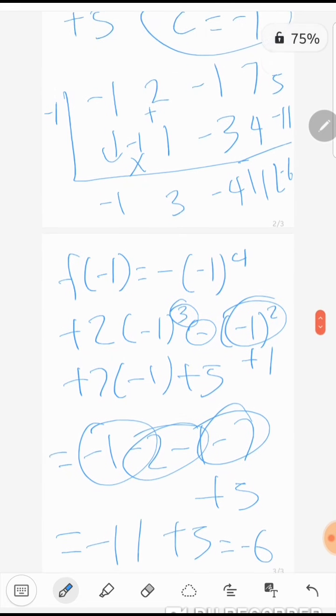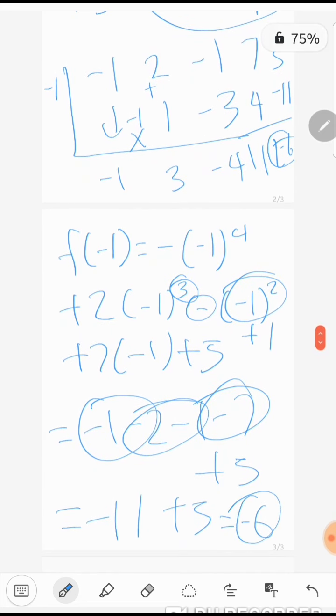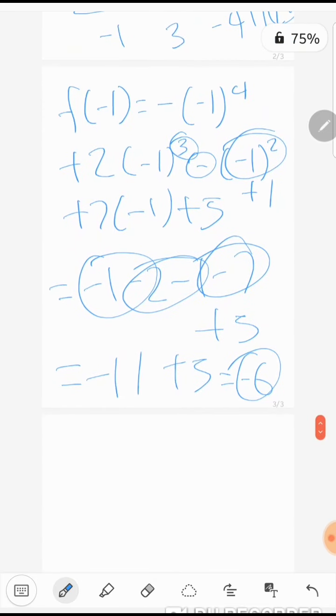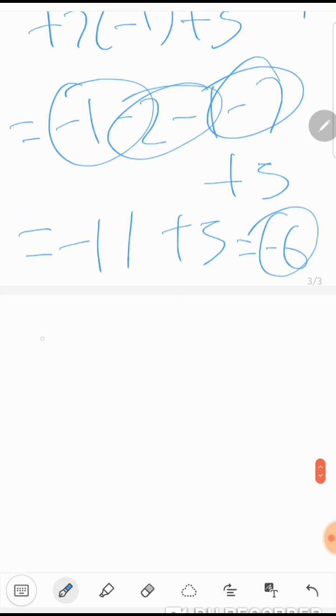So this minus 6 equals minus 6 here, and somehow I got the same answer as the last question. So f of -1 would be -6.